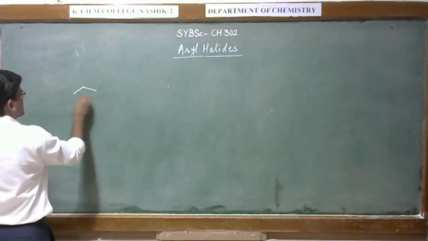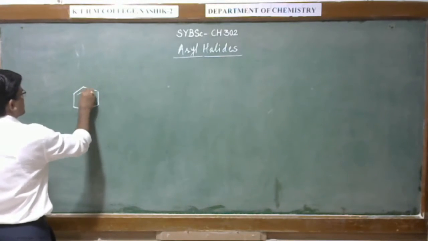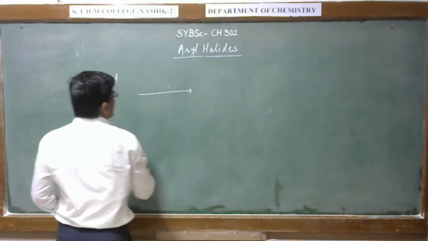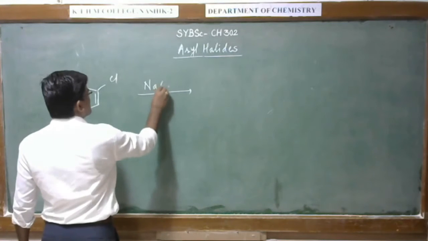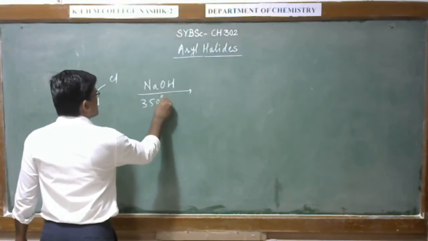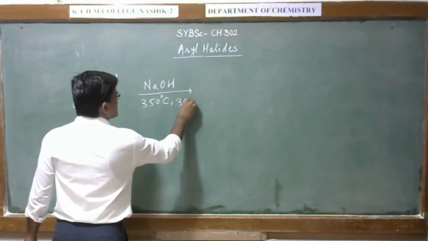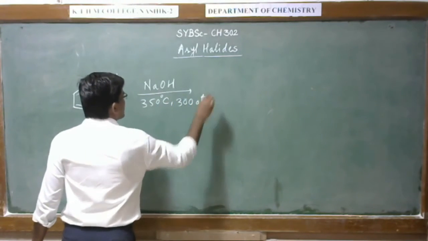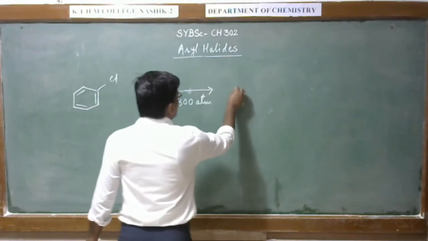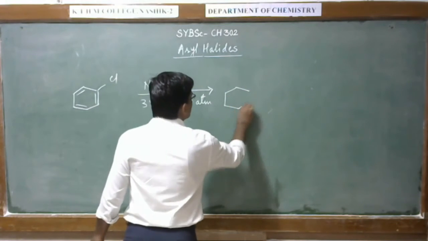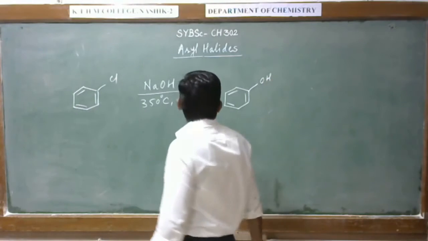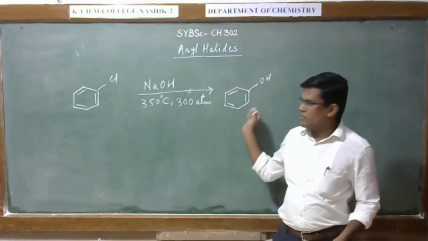When this halobenzene reacts with NaOH at 350 degrees Celsius and 300 atmospheric pressure, it gives phenol.